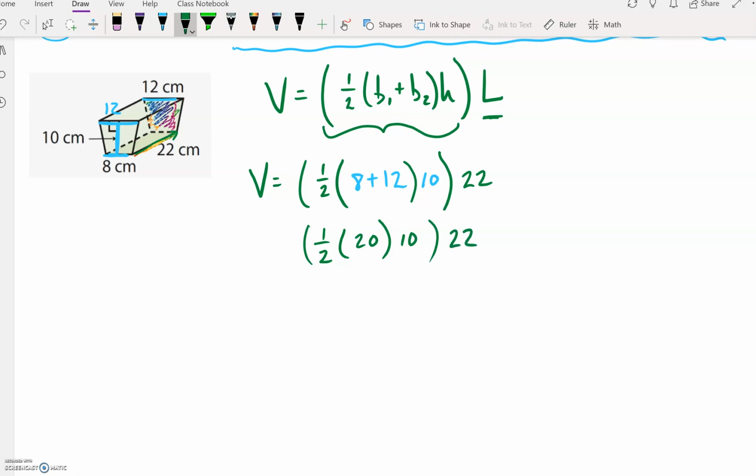I'm just going to still keep going with some mental math here. 1/2 times 20, so 1/2 of 20 is 10. So I have 10 times 10 times 22. I know my 10 times 10 is 100. Times 22, we're almost there. And so it looks like 2,200 cubic centimeters would be the volume of this prism.